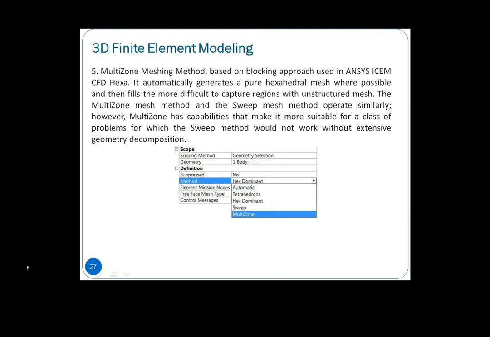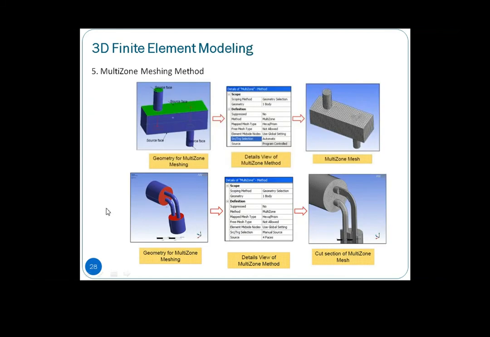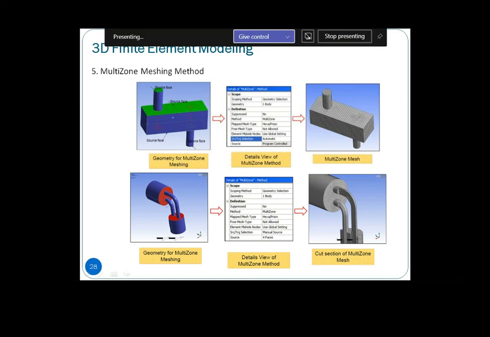It doesn't behave like the sweep method, where it will fail if it cannot decompose or if the body is not sweepable. So if you have multi-zone, you don't need a sweepable body.